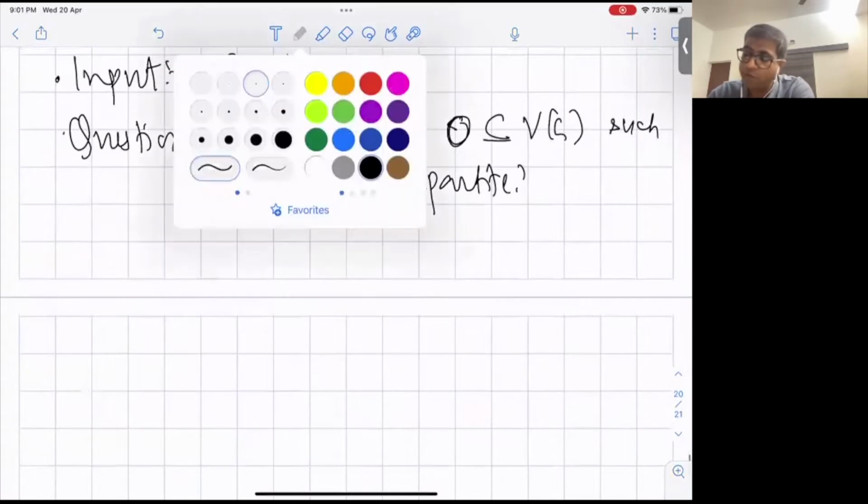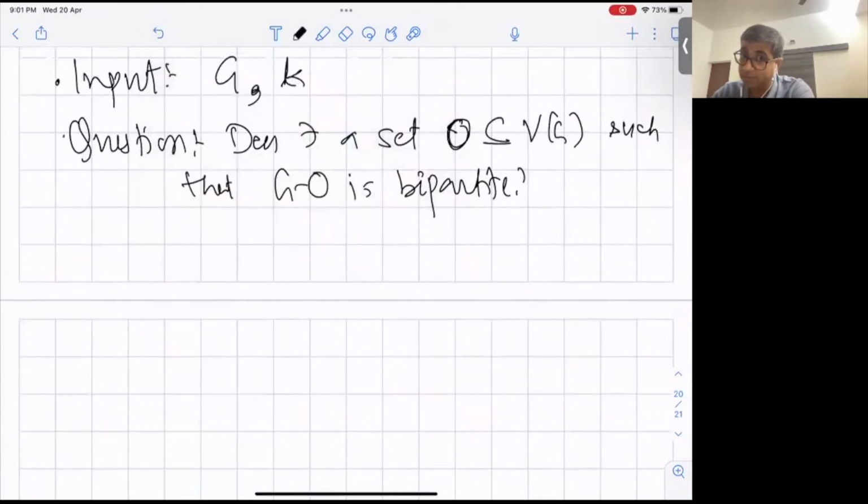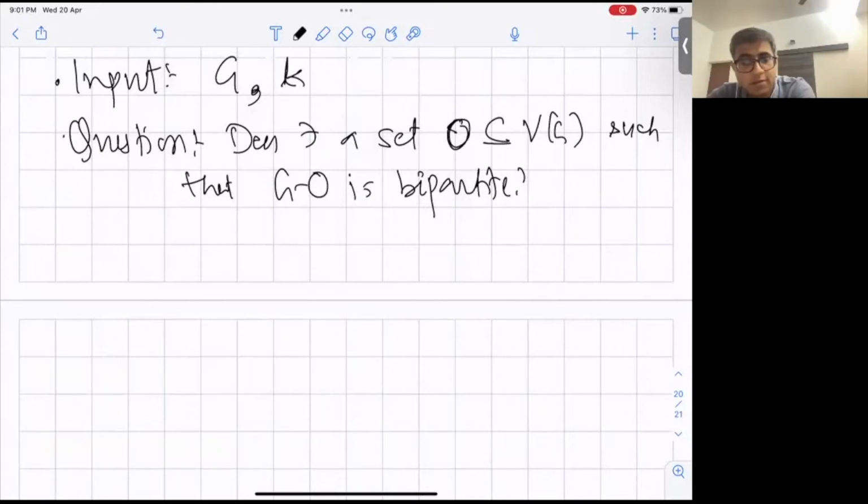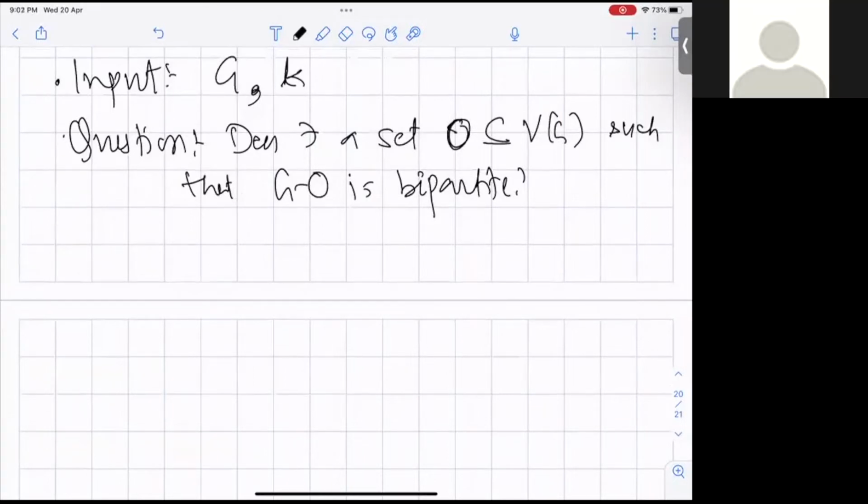Have I given this homework to anybody? This question? Sanjay, what was your homework problem? Degree bounded deletion. Okay, great. Prateek, if he's around, seems to be there. Okay, excellent.